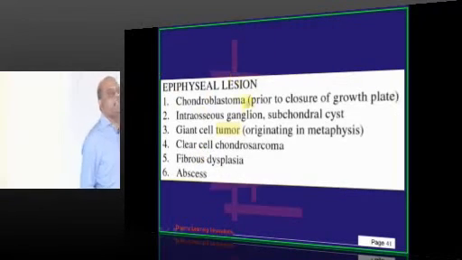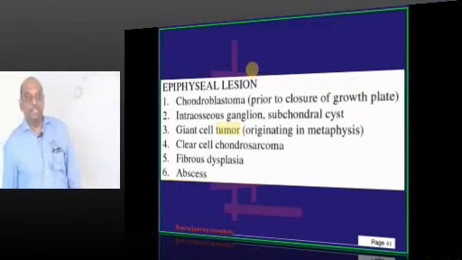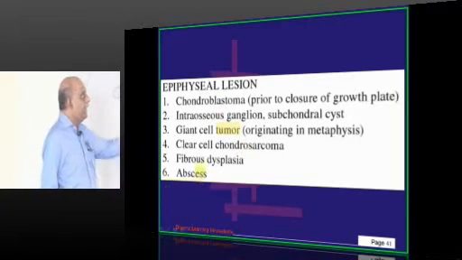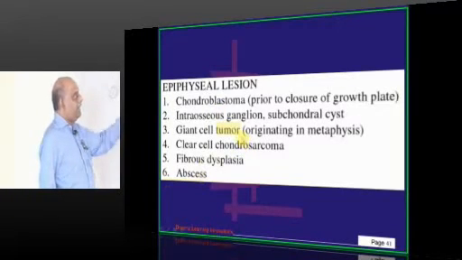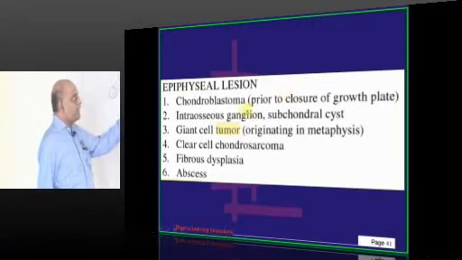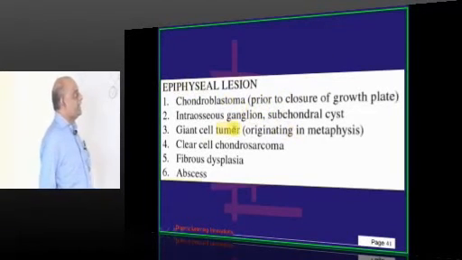Then epiphyseal lesion is what? Epiphyseal lesion is chondroblastoma. Once more, it depends upon before the closure of the growth plate and after. So prior to the closure of the growth plate, chondroblastoma is typically epiphyseal in location.